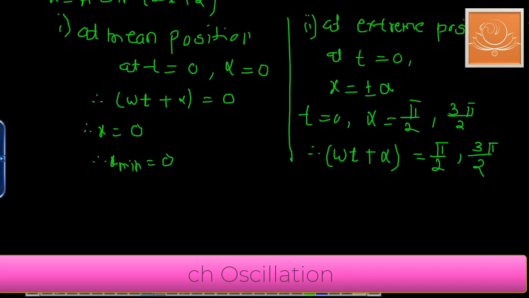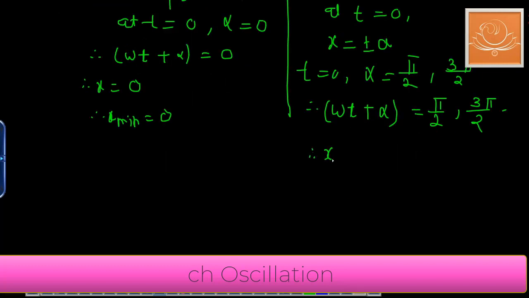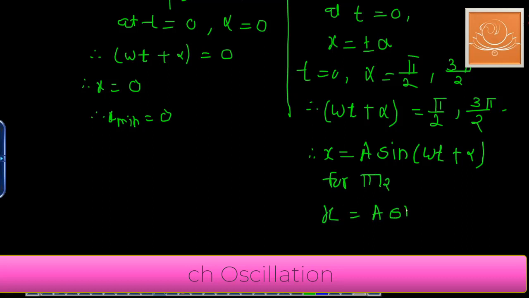Now the values of displacement at this angle: the equation for displacement becomes x equal to a sine of omega t plus alpha. For pi by 2, x equal to a sine of pi by 2, which is equal to a into 1, which is equal to a, because sine of pi by 2 equal to 1.